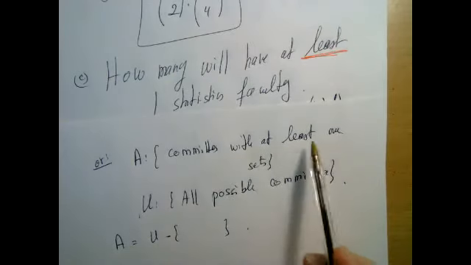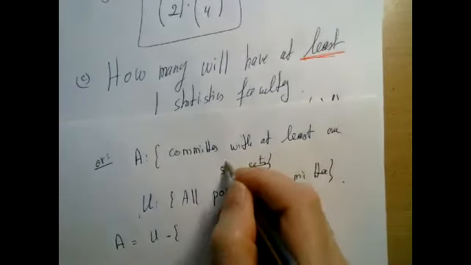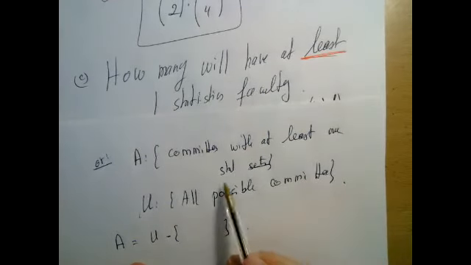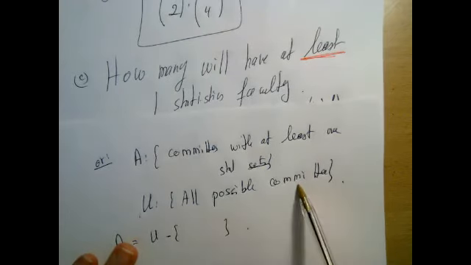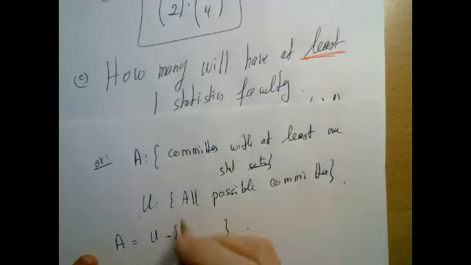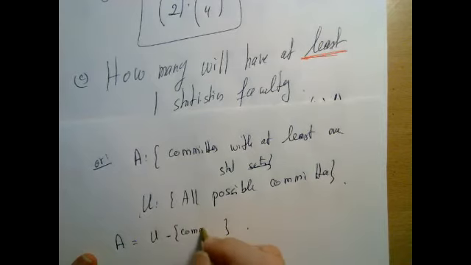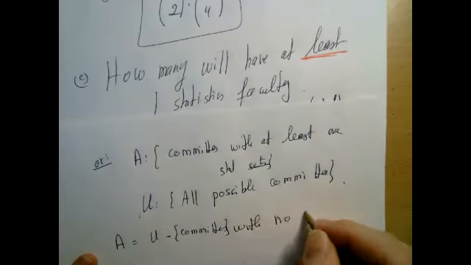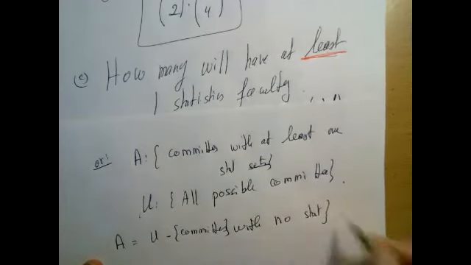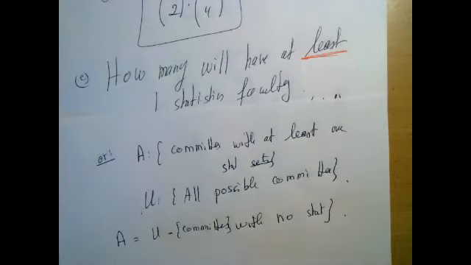A committee with at least one stat is just taking every possible committee, but taking away the committees that don't qualify. What's the complement? The committees with no stat. So it's everything; at least one stat means take all of them, take away all those that have no stat, then I get everything with at least one stat.